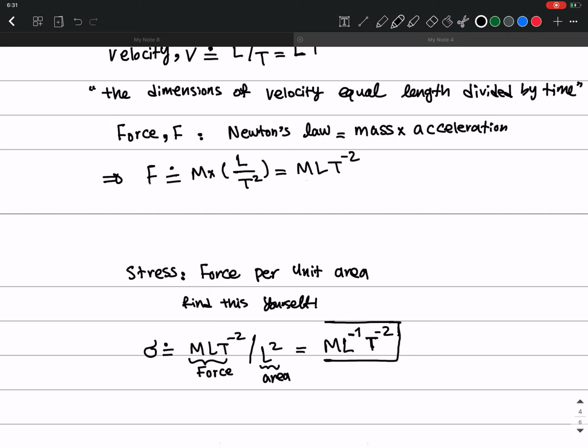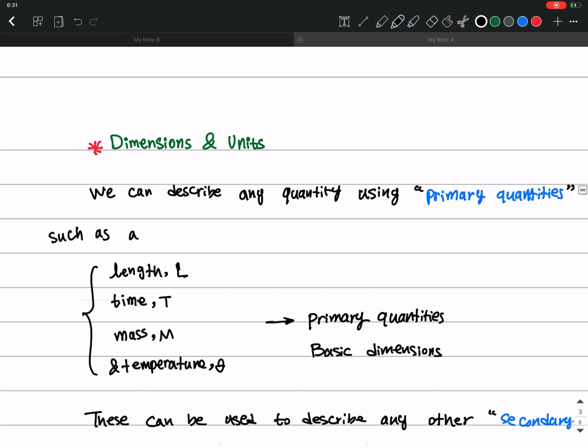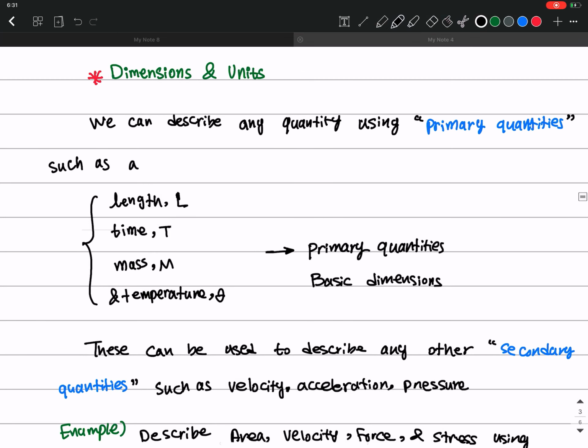So this will be sigma, or stress. The dimension of that, which is a secondary quantity, is described from the dimensions of the primary quantities. So these three quantities. Okay.